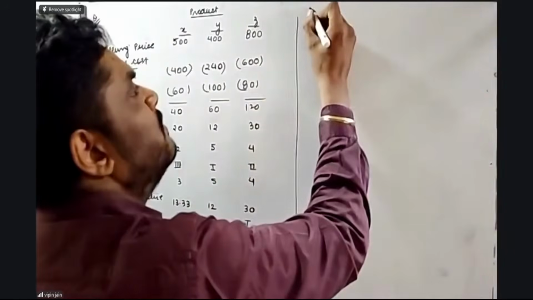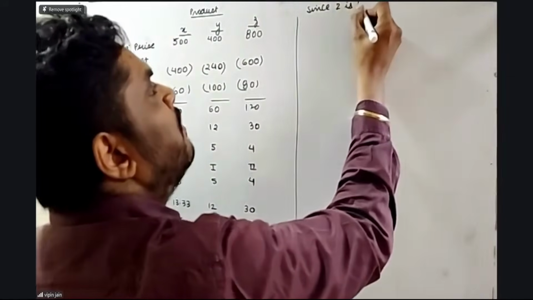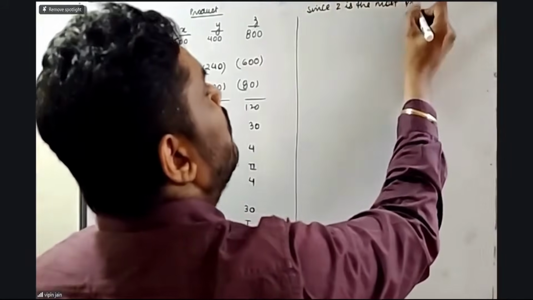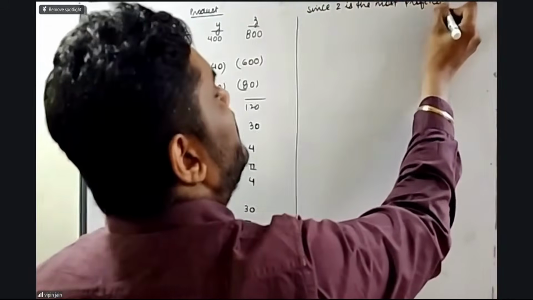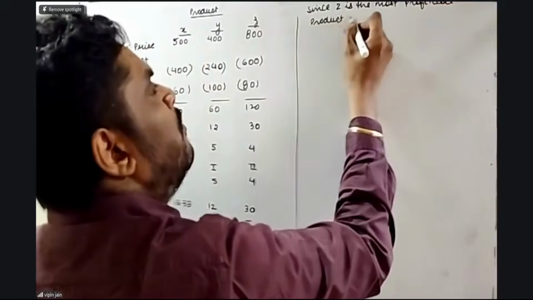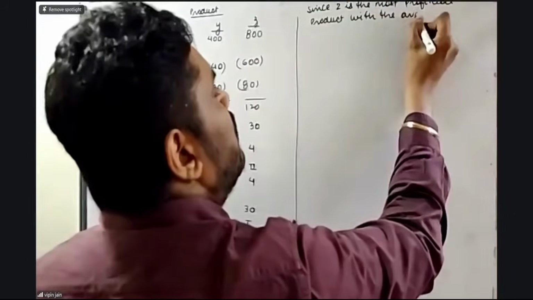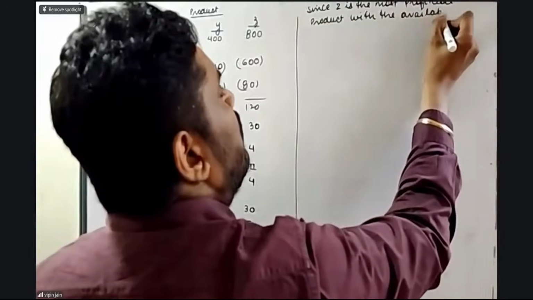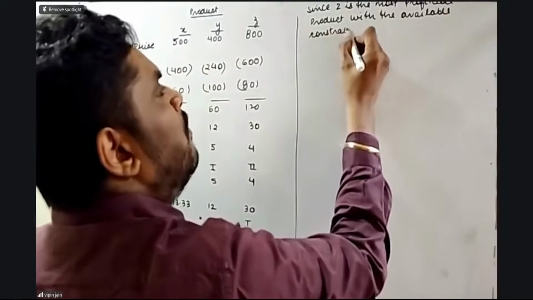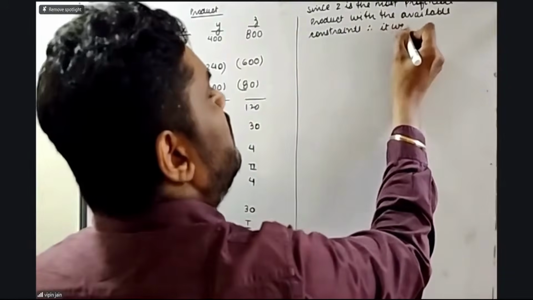So since Z is the most profitable product with the available constraints, therefore it will be manufactured.